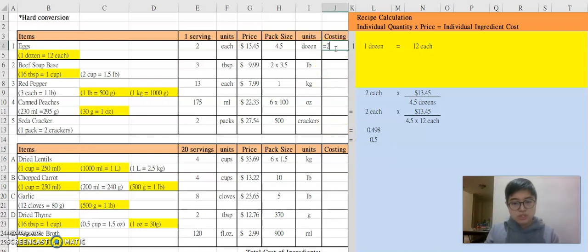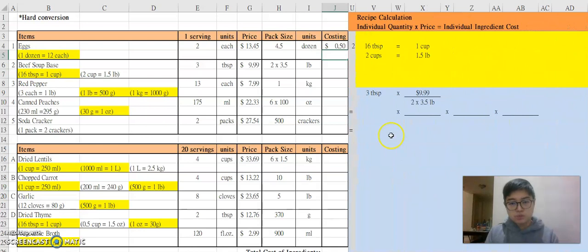The equation is 2 times 13.45 divided by open bracket 4.5 times 12 close bracket, and the answer is 0.50. Reminder: this is the dollar sign and 2 decimal places.